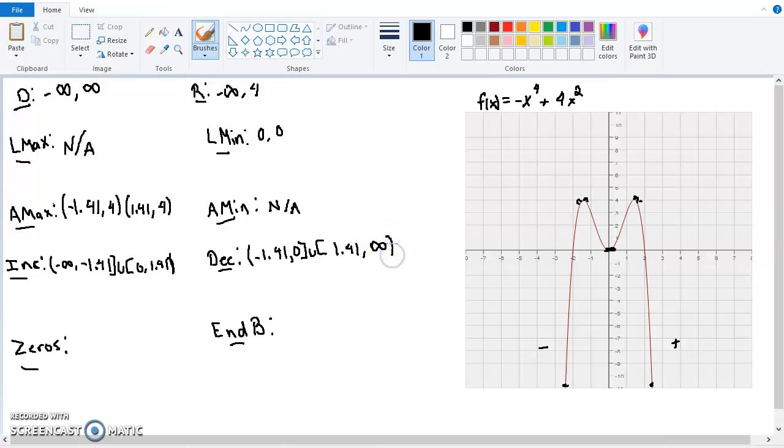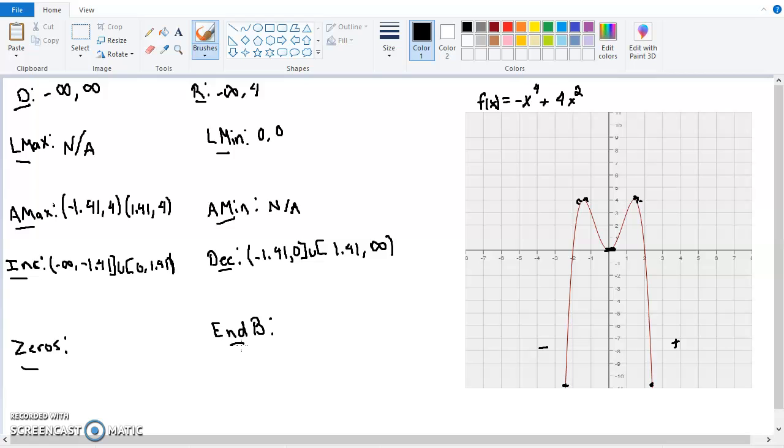It's basically the increasing but backwards, since there's symmetry on the graph. But in other cases, it won't always be backwards. Your increasing and decreasing will most likely be different in different graphs.